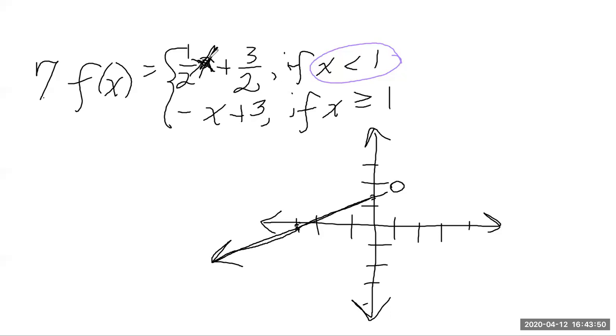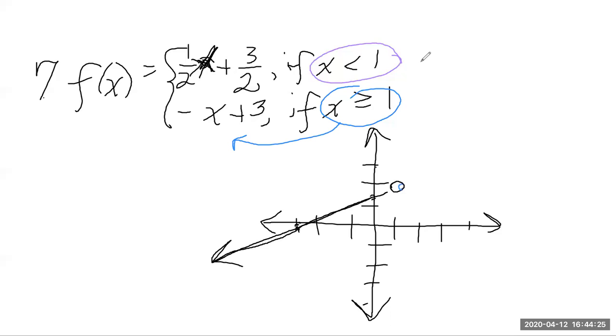It is a line with slope of -1 and y-intercept of 3. So it would go through this point up here. It would go through that point. But we're going to plug in 1 to see where it starts. If we plug in 1 into this equation, we get -1 plus 3, which is 2.